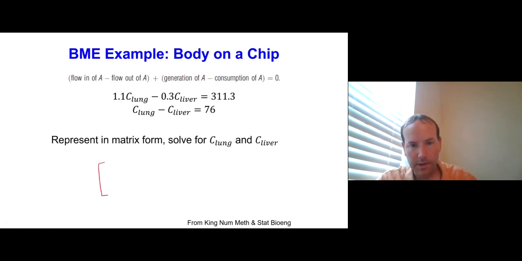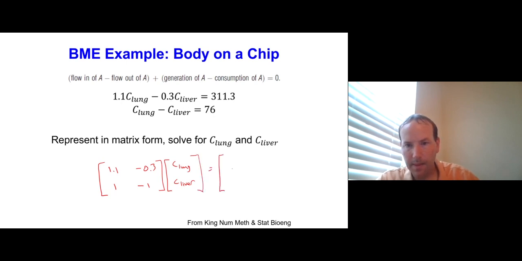Just like we did before, we'd have 1.1, like this, minus 1, times C lung, C liver, equals 311.3 and 76.